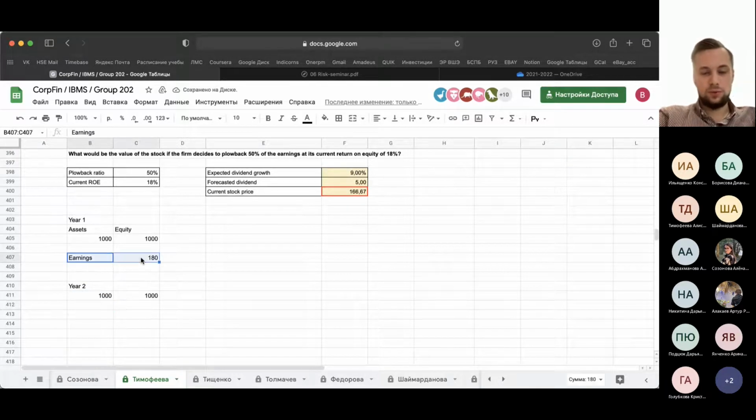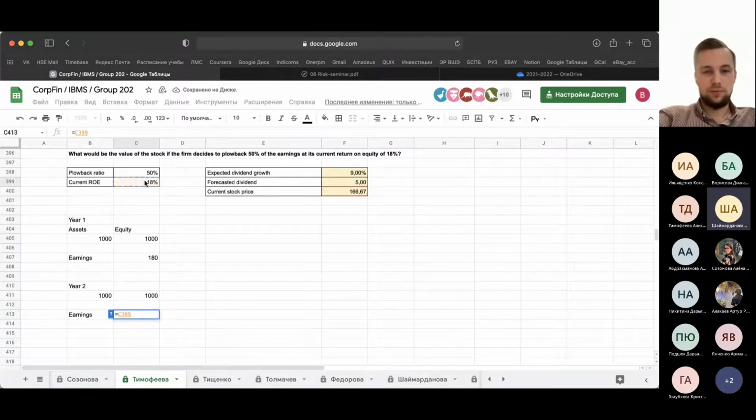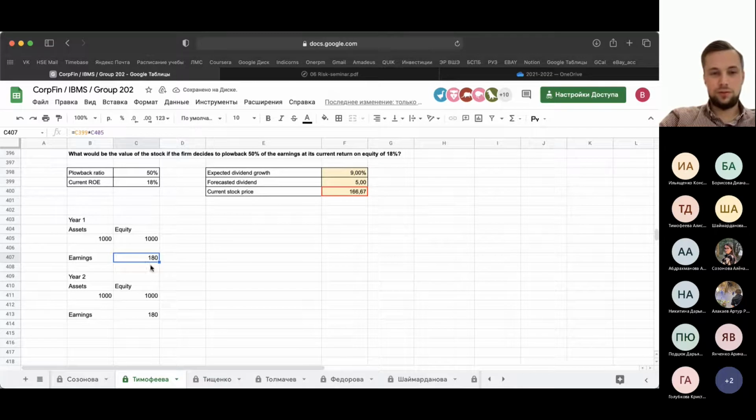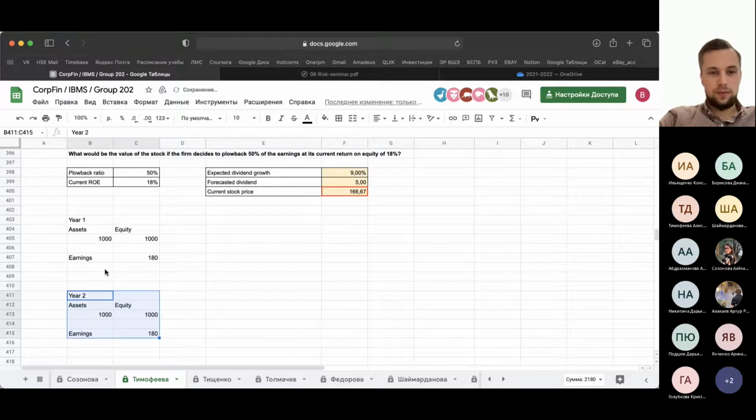So the next year earnings will be, let's calculate them, 18% again multiplied by 1,000. But if we, for example, reinvest 50% of these earnings, we will pay dividends of this multiplied by this, and the same money will be reinvested.